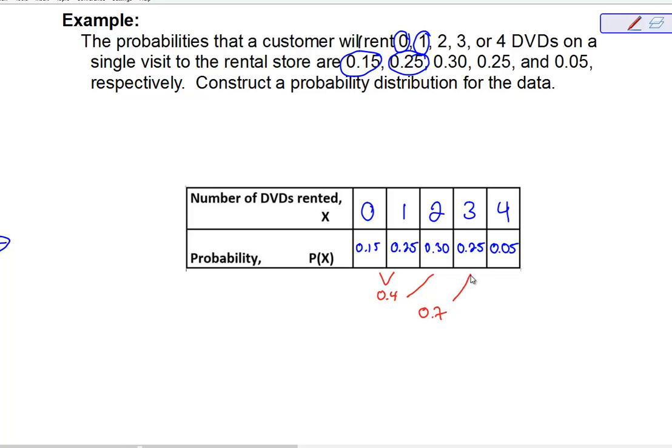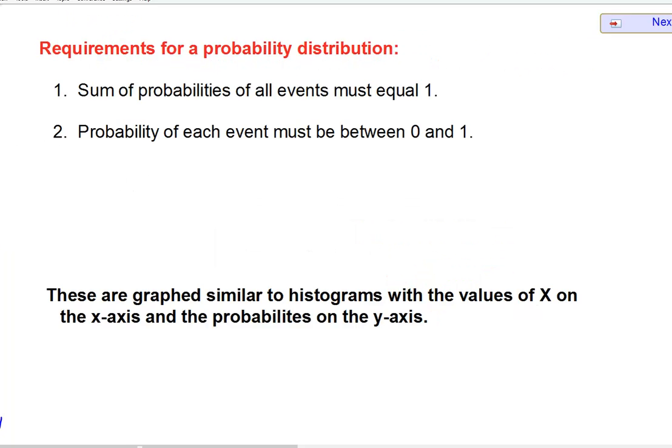Add that to 25 hundredths, that will be 0.95, and then add that to 0.05, it adds up to 1 whole. So it's all added up to 1 whole. That satisfies our first requirement of a probability distribution.